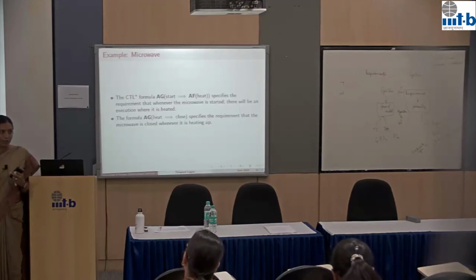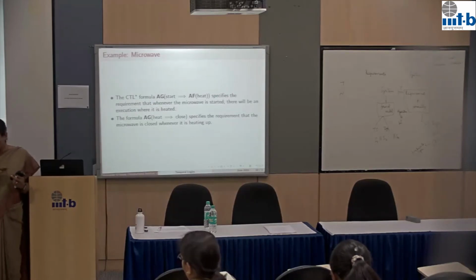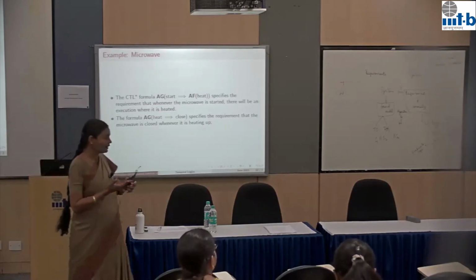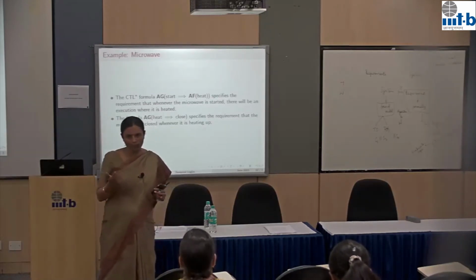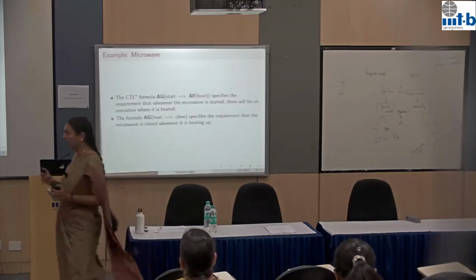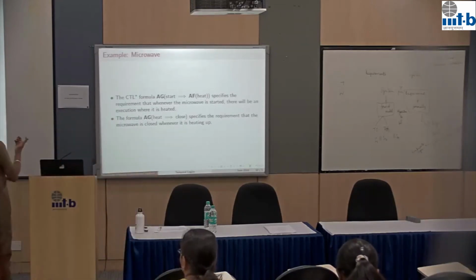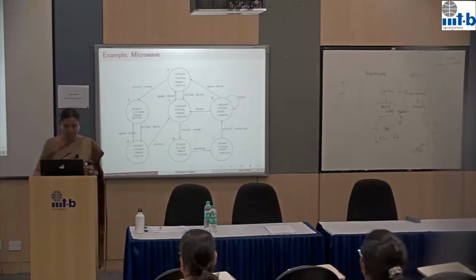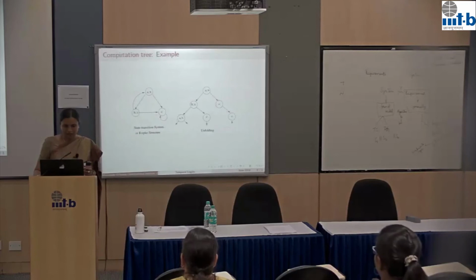Logics that have operators that talk about time are called temporal logics, temporal in the sense of time. And there are three kinds of basic logics that have operators that talk about time: LTL, CTL, and CTL star. So this was Pnueli's seminal observation, post which an algorithm was given. So I'll tell you about one logic called CTL.